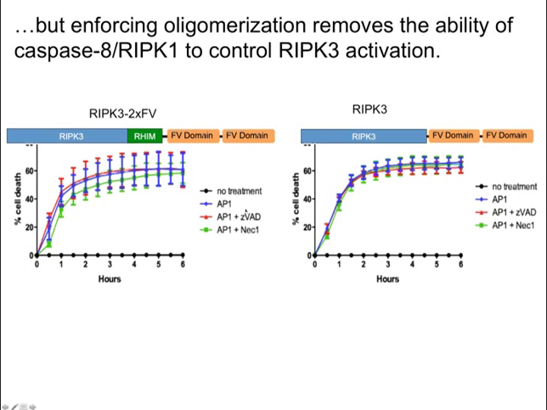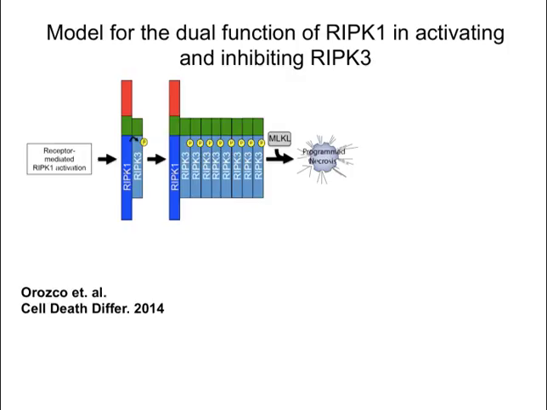So when we add the caspase inhibitor ZVAD or the RIP1 inhibitor necrostatin, which remember very potently modulated the cell death in response to RIP3 dimerization, when we've now oligomerized RIP3, we've removed that oligomerization from the control of these players, RIP1 and caspase-8. And so this is consistent with the idea that RIP1 and caspase-8 are actually acting at the level of RIP3 oligomerization to modulate that function.